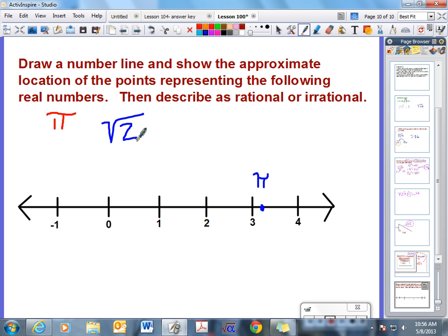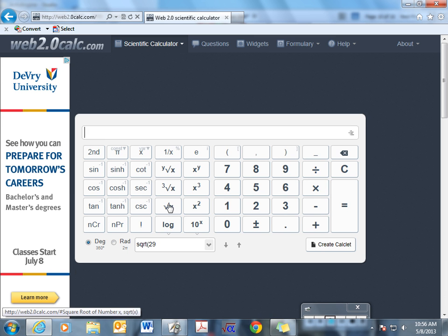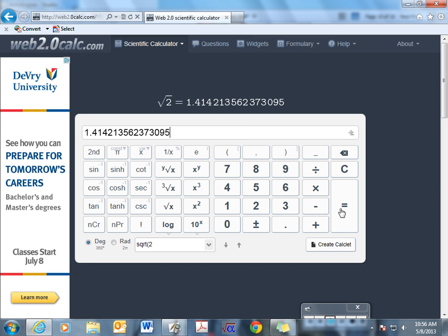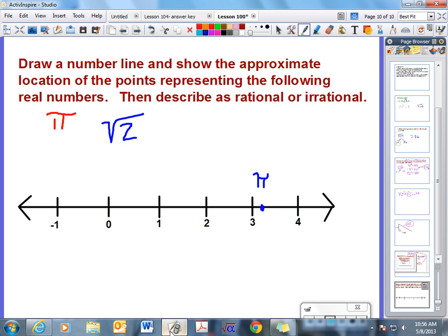Well, if I use a scientific calculator and I find the square root of 2, here, let's get our scientific calculator out. Okay, square root of 2 comes out to be 1.4. Let's round it off to 1.4. So I can put a dot somewhere close to halfway between 1 and 2 and label that the square root of 2.